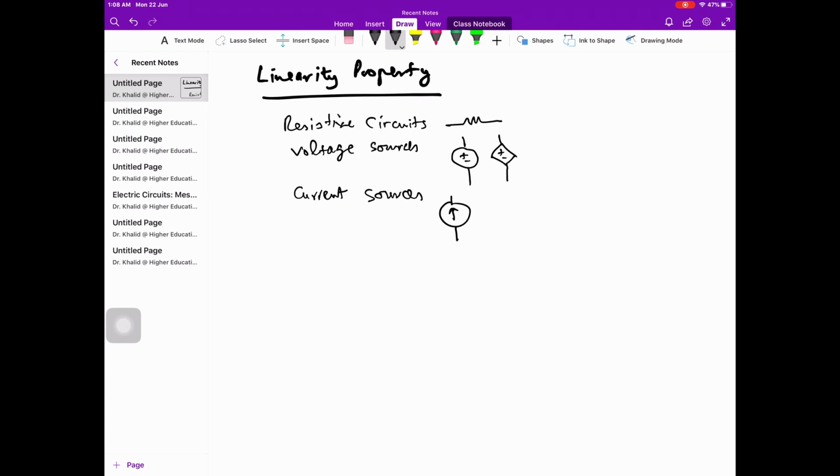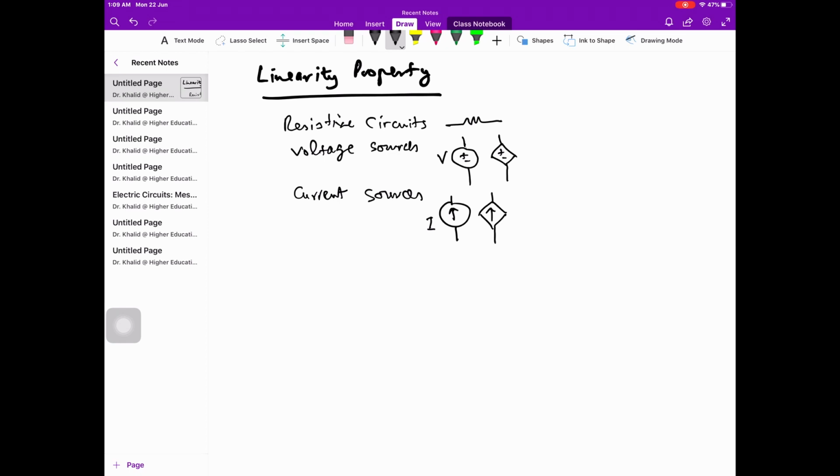This is an ideal current source, and this is a dependent current source. A circuit which consists of only these elements as shown is known as linear, because the voltage remains fixed across here, the current remains fixed across here.